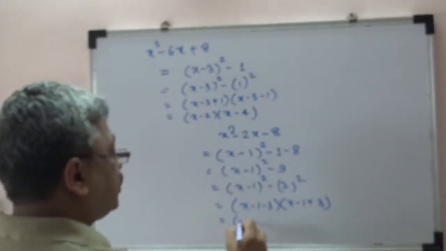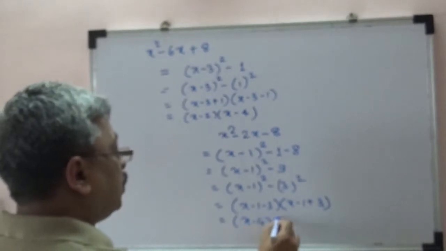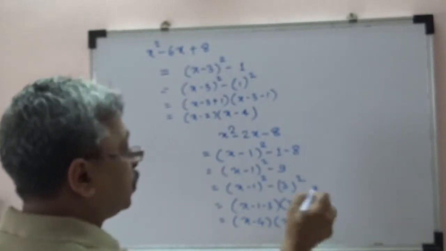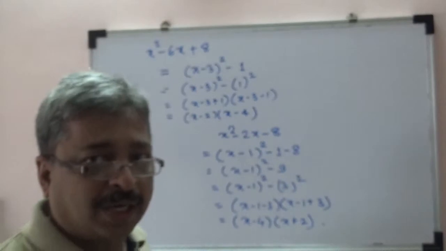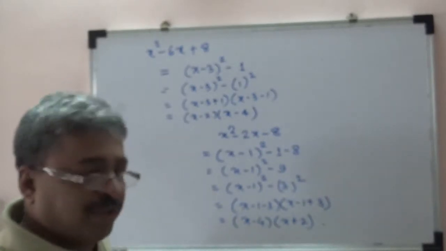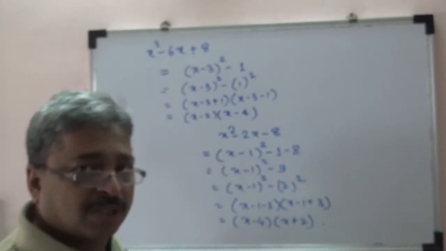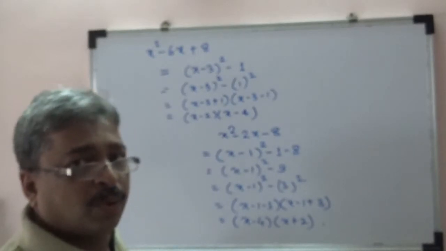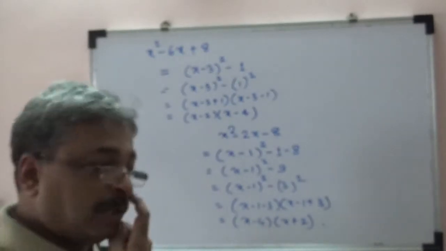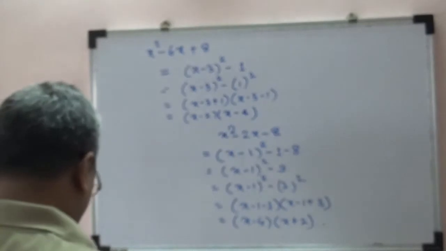Therefore this factorization is (x minus 4) into (x plus 2). As the numbers are relatively small, this is very easy. When the numbers grow, what do we do? How do we find out? We will learn a little later in the same video.